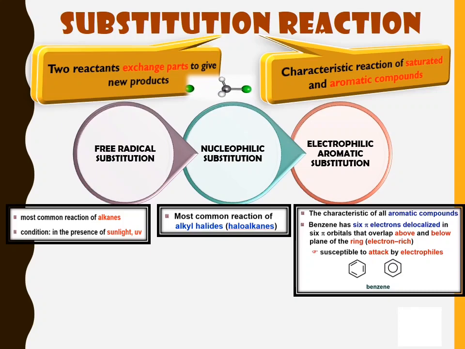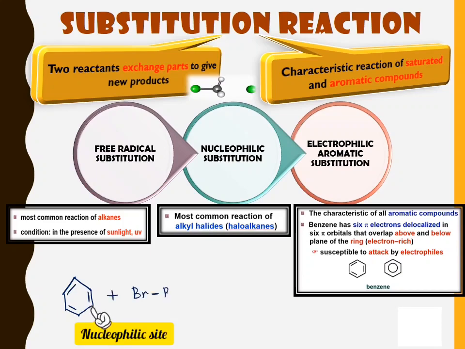For example, this is benzene ring reacting with Br2 molecule or bromine gas in the presence of catalyst. What is the function of catalyst? Later you will learn about it in the aromatic compound chapter. The catalyst is FeBr3.